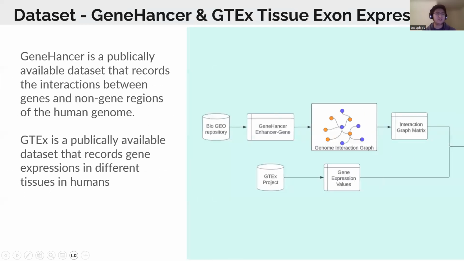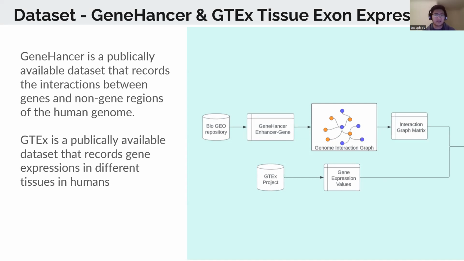So here we present the experimental pipeline that we designed for this project. We're using datasets from two sources, both of which are publicly available. The first one is the GeneHancer dataset that contains the interactions between genes and non-gene regions of the human genome, from which we can create an adjacency matrix that represents the genome interactions in a graph.